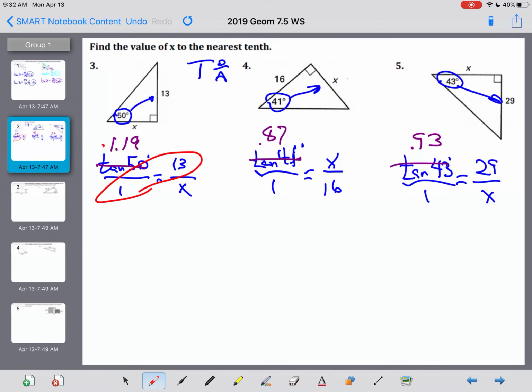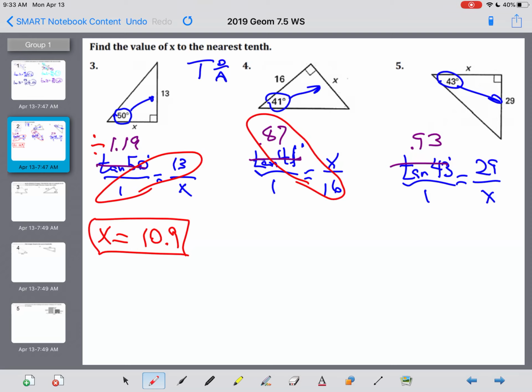So I'm going to multiply these guys and divide by that. So x equals 13 divided by 1.19, 10.9. Over here, we're going to get 16 times 0.87. Divided by 1 doesn't really do anything to change.